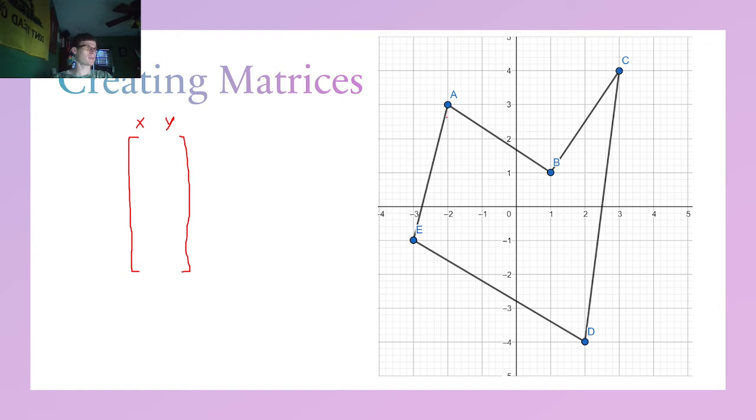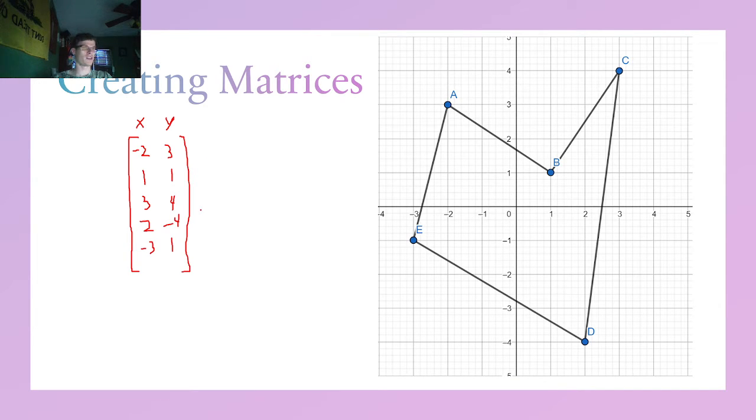So I'm going to start with A, going from A to E. A is -2, 3, so I'm going to put -2, 3. B is 1, 1. C is 3, 4. D is 2, -4. And E is -3, 1.